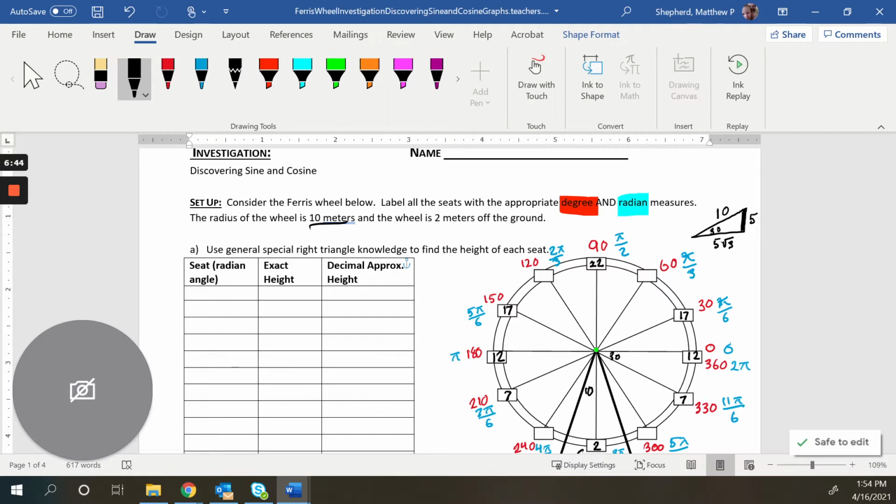Next thing with this is this triangle that I've already drawn is actually a 30, 60, 90. So to get this angle right here, that whole thing is actually a 60 degree. So the height of the 60 degrees is just our 5 square root 3. So for an exact answer, we would just do 12 plus 5 square root 3.